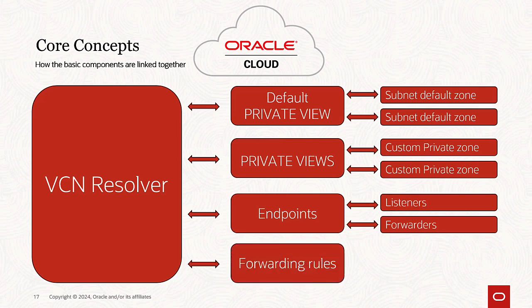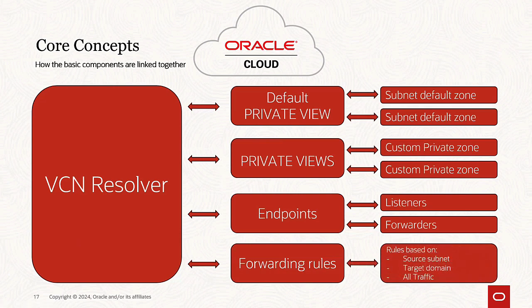Forwarding rules will allow the VCN resolver to send DNS queries based on the rules you create, offering your company flexibility and security. Those rules can be based on the source subnet, meaning that every DNS query sourced in the source subnet will be forwarded to an external DNS endpoint.